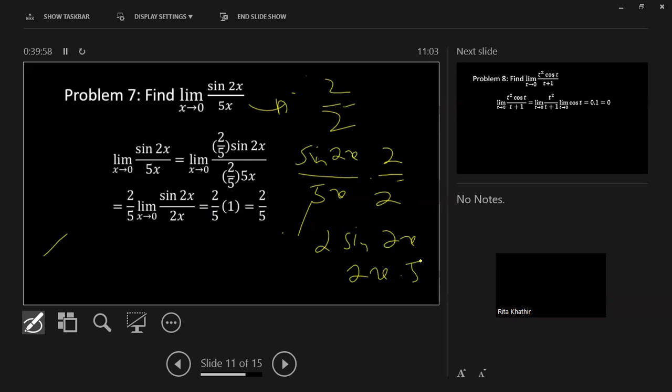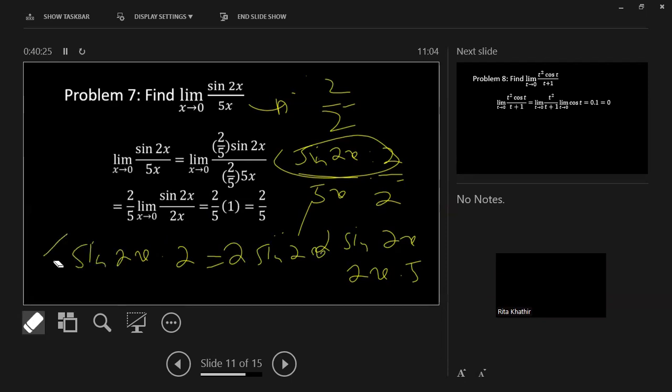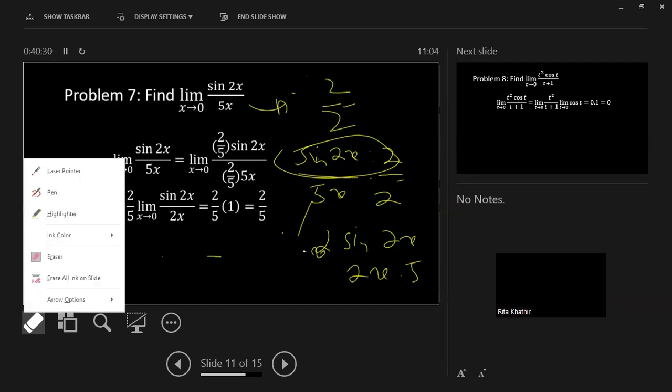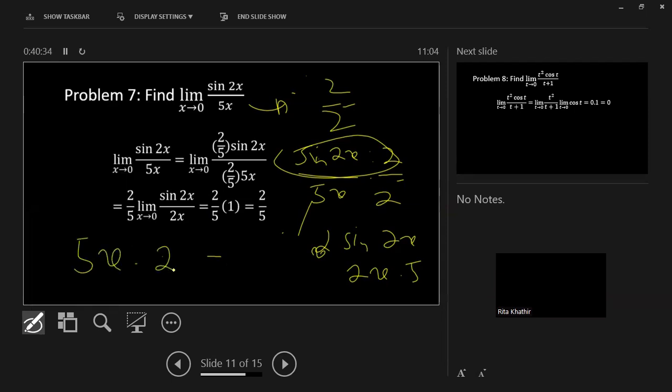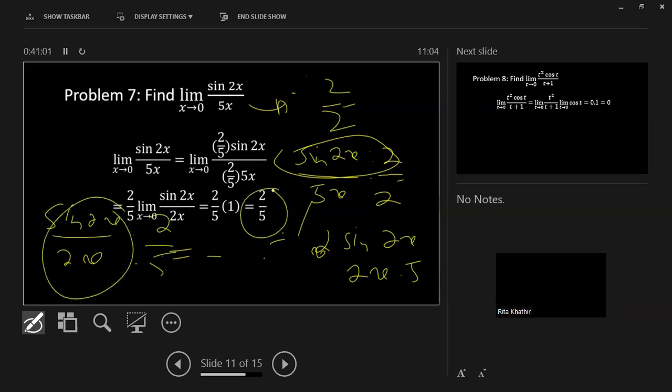Remember this: if you multiply sine 2x by 2, it is not sine 4x, but 2 sine 2x. But in the bottom, you can see 5x multiplied by 2. You can change it to 2x times 5. That's why now you can make it simple: sine 2x over 2x, and you still have 2 over 5. This is 1, and then you have 2 over 5.